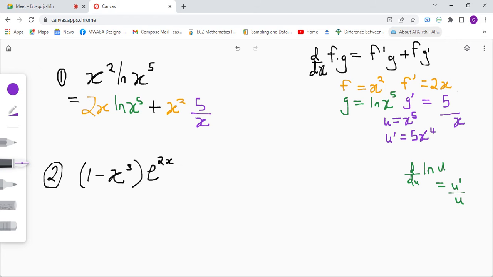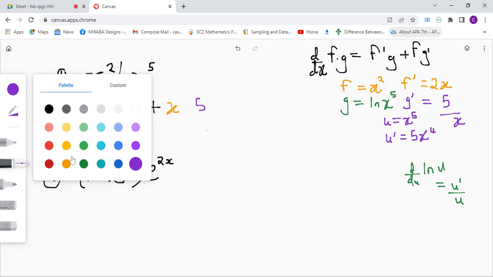We can leave our answer like this, but we can also simplify these x's. This x will be cancelled, and we remain with x to the power 1. This x at the denominator can be cancelled, so we're going to remain with 5x.